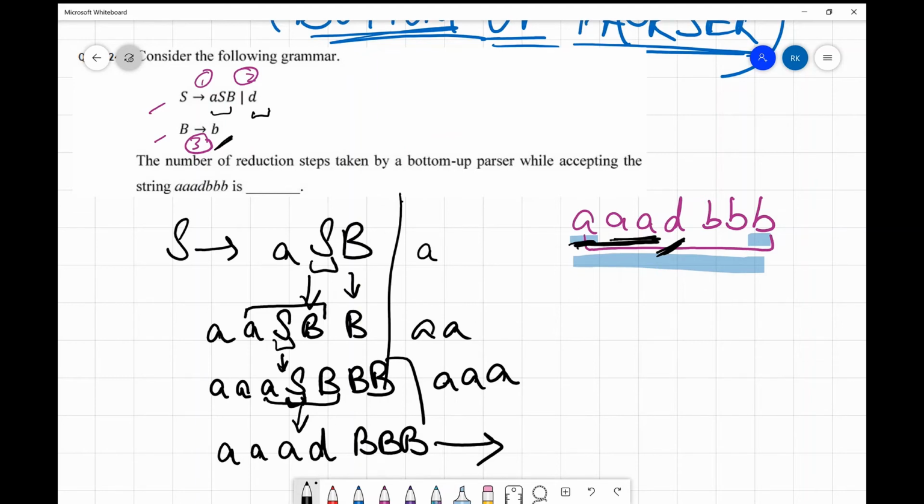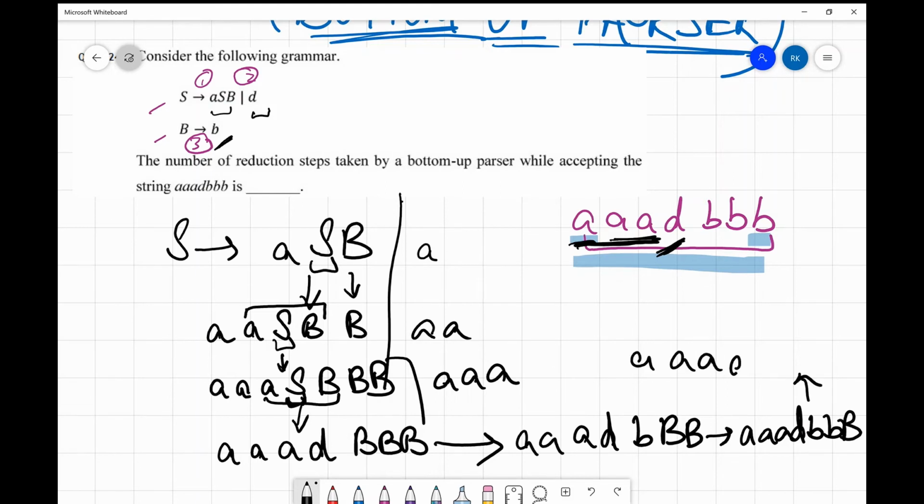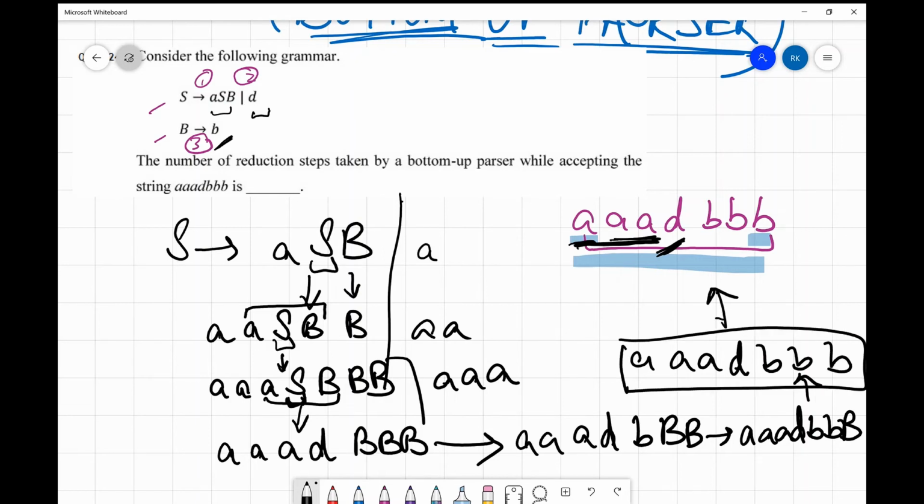I use it 3 times, and eventually I get it like this: AAADBBB. Finally, I get my string.